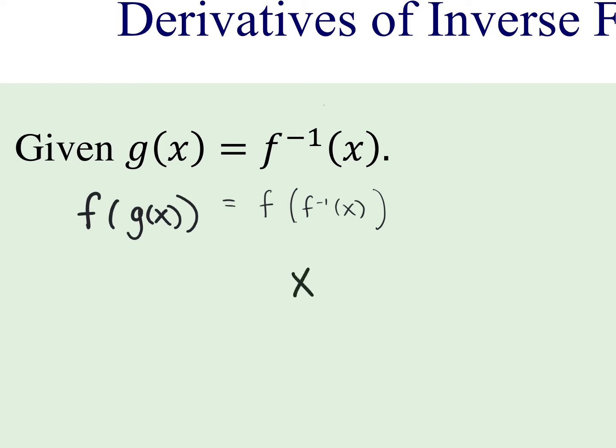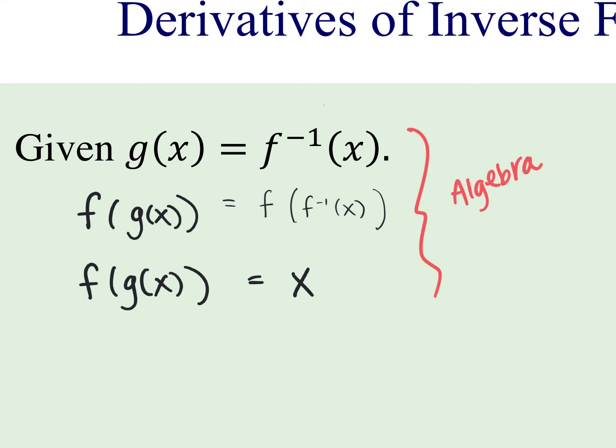X by itself. Now you're very used to having y by itself, but it's just as valid to have x by itself. Finding derivatives is way easier if you can get something alone. And in this case, the easiest thing for me to get alone was the x. Now I'm going to find the derivative. So that was the algebra part. Then we're going to move into the calculus part to find the derivative here.